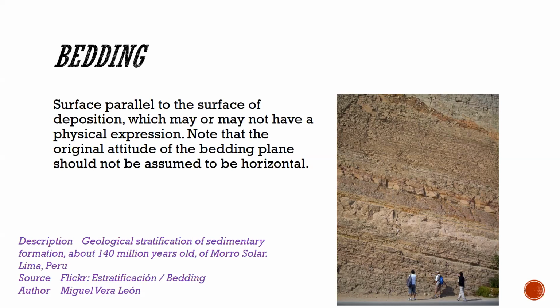The interface between two bedding planes is a source of discontinuity that we are considering. If this discontinuity plane is oriented parallel to the slope face, or daylighting the slope face, there is a possibility that failure may occur along that weakness. So that needs to be taken care of.